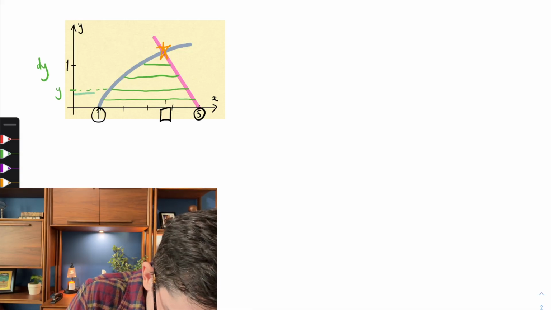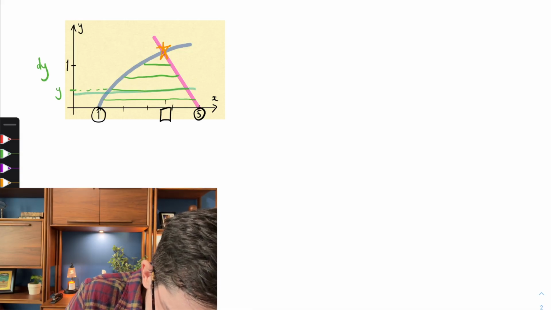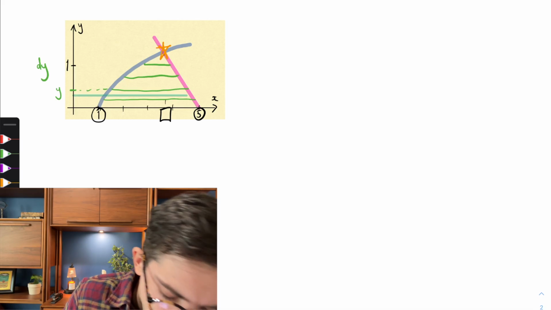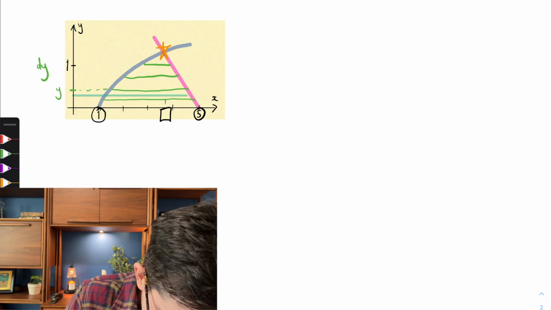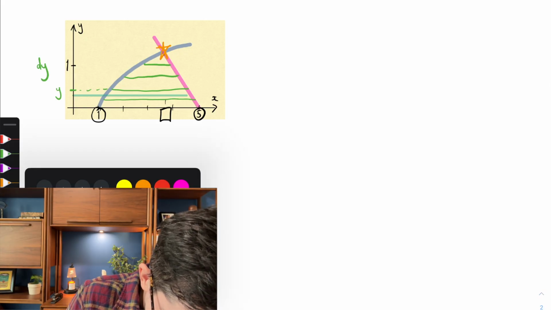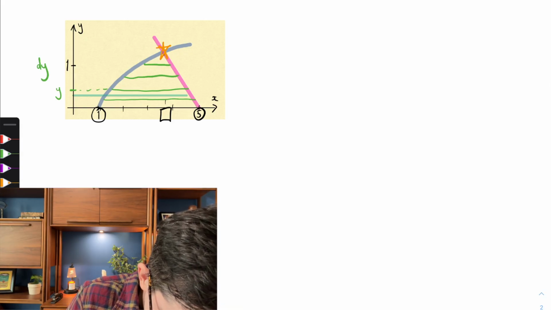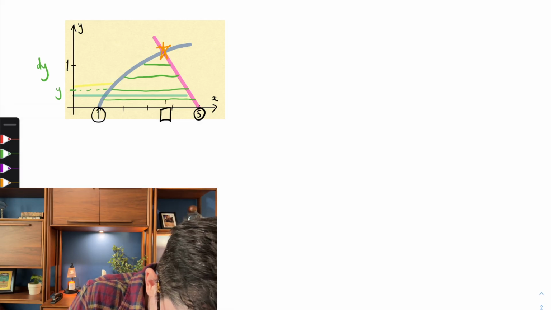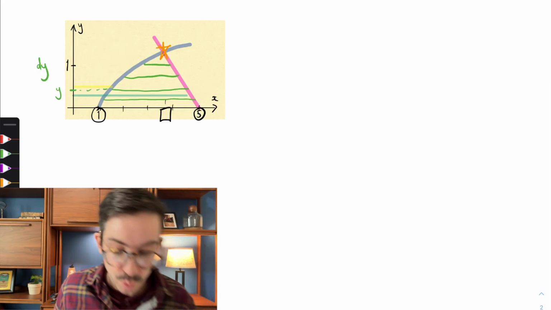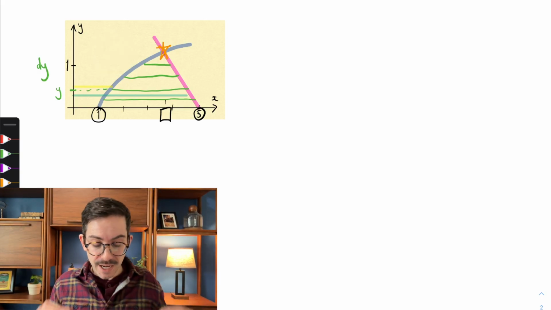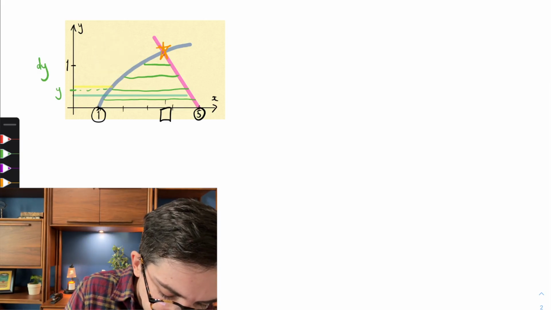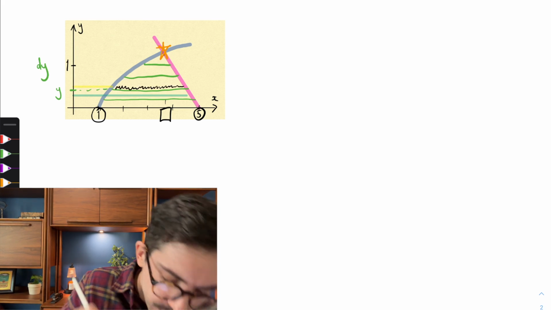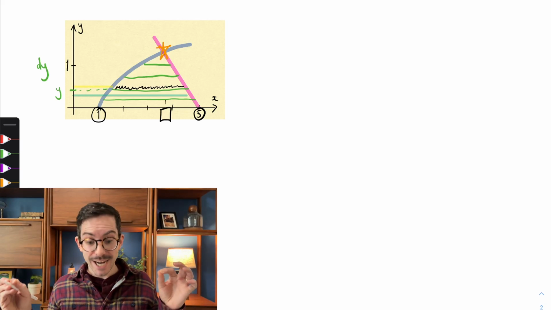I can figure out this distance here all the way over to the pink linear curve, and then this distance here to the log curve. If I can figure out those distances, I can just take their difference to figure out the length of my skinny rectangle.